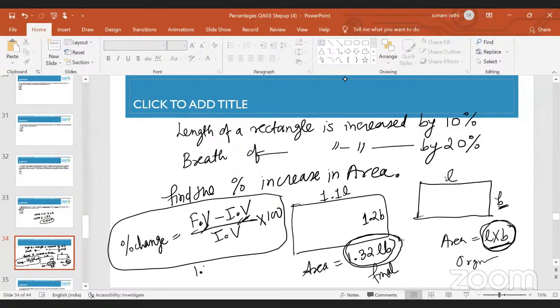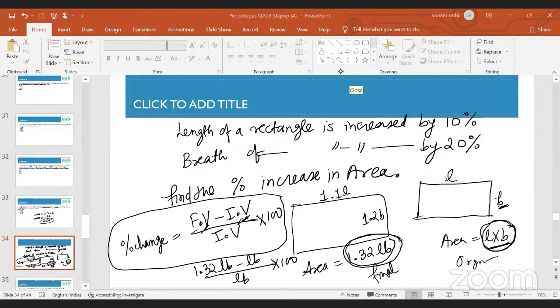So, final value minus initial value upon initial value into 100. Take out LB. LB will be common. LB upon LB will be cancelled out. So 1.32 minus 1, so 0.32. 0.32 into 100.